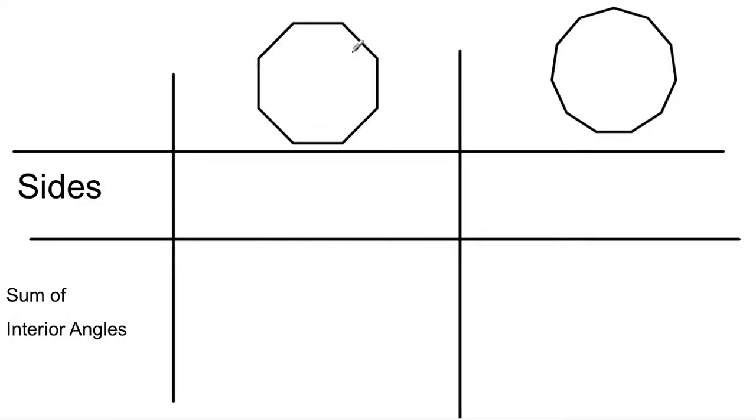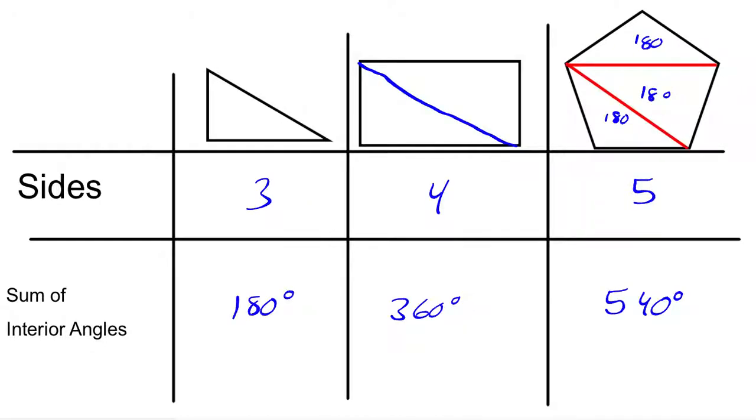Now that's great, but what about when I have shapes with more sides? So this has 8 sides, and this has 1, 2, 3, 4, 5, 6, 7, 8, 9, 10, 11. 11 sides. Am I going to sit here all day and just make triangles? No. So let's actually look at these. So 3, 4, and 5.